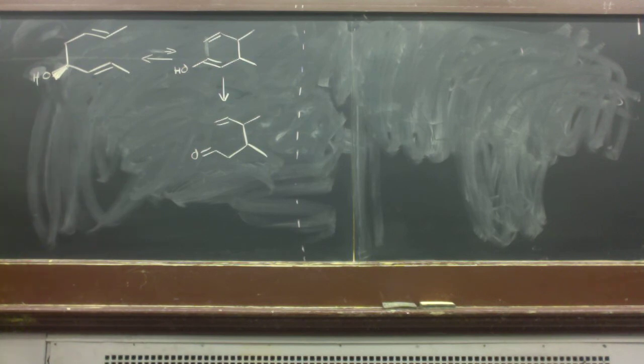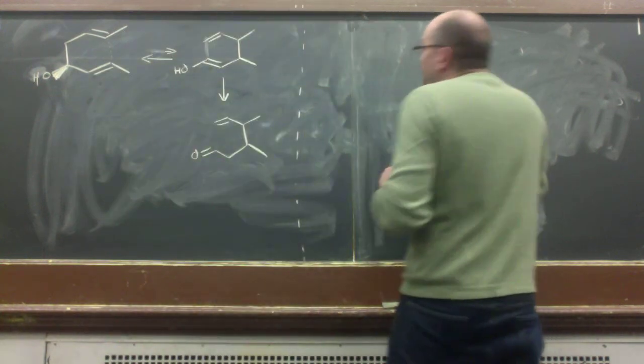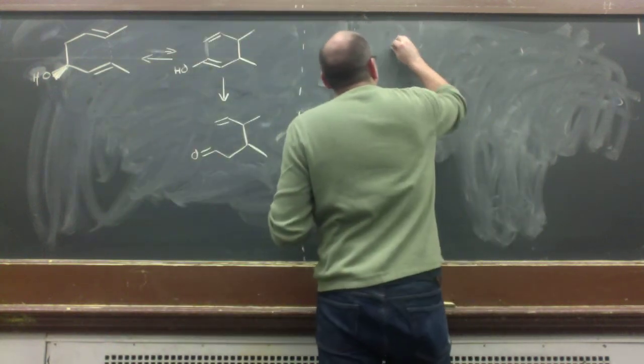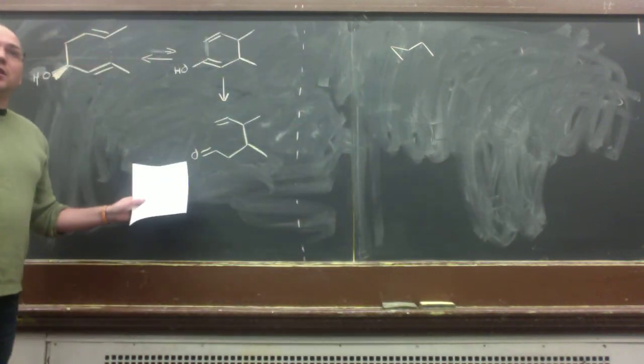Based upon what I said earlier, we have this six-membered ring, and because of that we can now think about this in terms of a chair transition state. Yeah, that's the enol-keto tautomer.